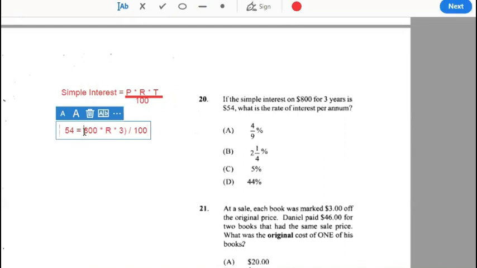And what you're going to do is cross multiply to solve for R, which is the rate at which this $54 was calculated. So it becomes $54 multiplied by 100 equal to 800 times 3 times R, and this is 5,400 equal to 2,400 multiplied by R, and R is equal to 5,400 divided by 2,400.